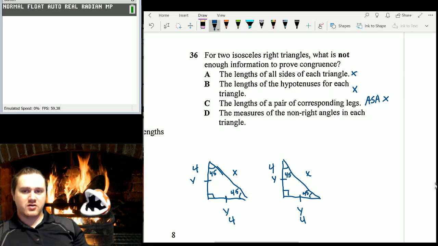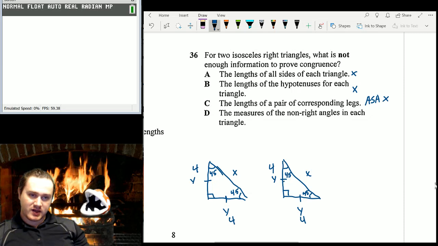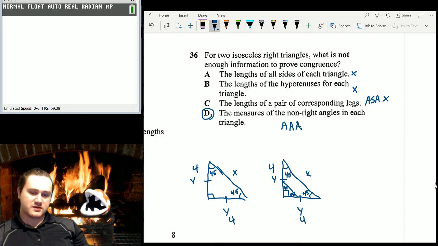I'll tell you no, because if you have a shape that is close, I could have another shape in here that still is isosceles with 45-degree angles, and they obviously are not congruent to each other. So just having the angles does not prove it. Again, angle-angle-angle does not prove triangle congruence.